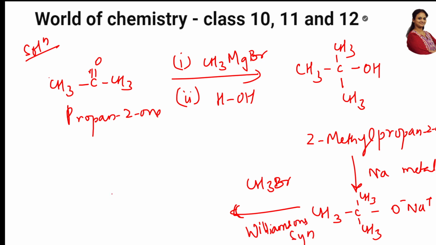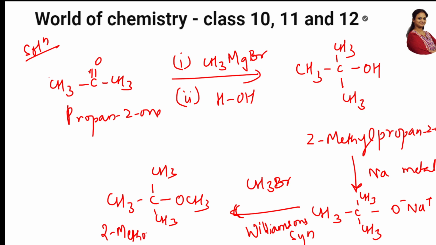Now, what do you get? You're going to get a compound which is nothing but this. What is the name of this compound? This is nothing but 2-methoxy-2-methylpropane, 2-methoxy propane. That's it. So this is your reaction.